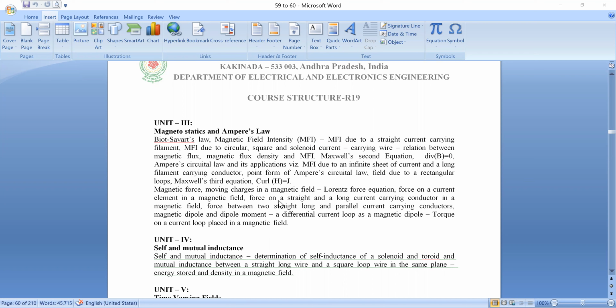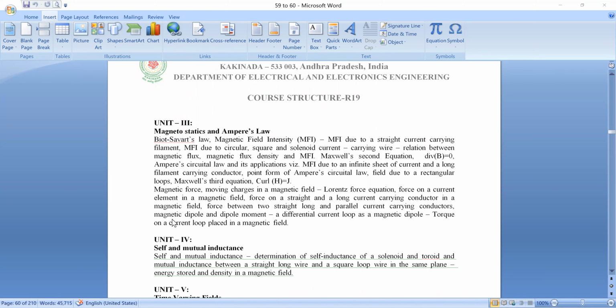Also in different cases, that is, for a straight and long current carrying conductor in a magnetic field, and the force between two straight long parallel current carrying conductors placed some distance from each other. Then what about the force developed in one straight current carrying conductor due to another one, and vice versa? That force will be calculated in this chapter.